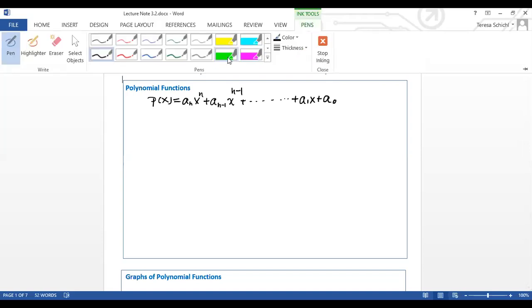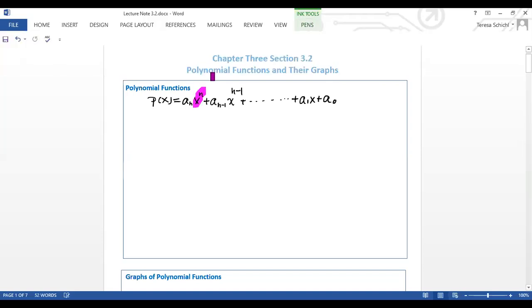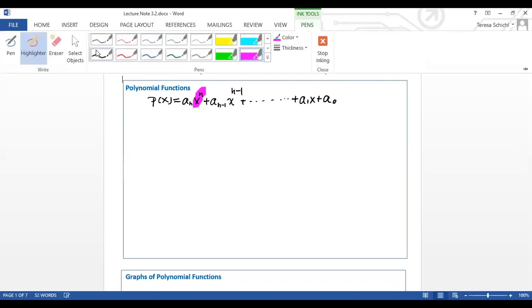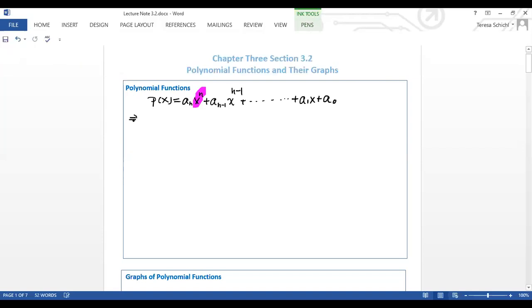The highest power of your x, here it is n, right? So we say this is the degree n. This is the degree of the polynomial, or you can say it's a polynomial with degree n. Like the quadratic we did in the last section, ax squared plus bx plus c, the highest power is 2.